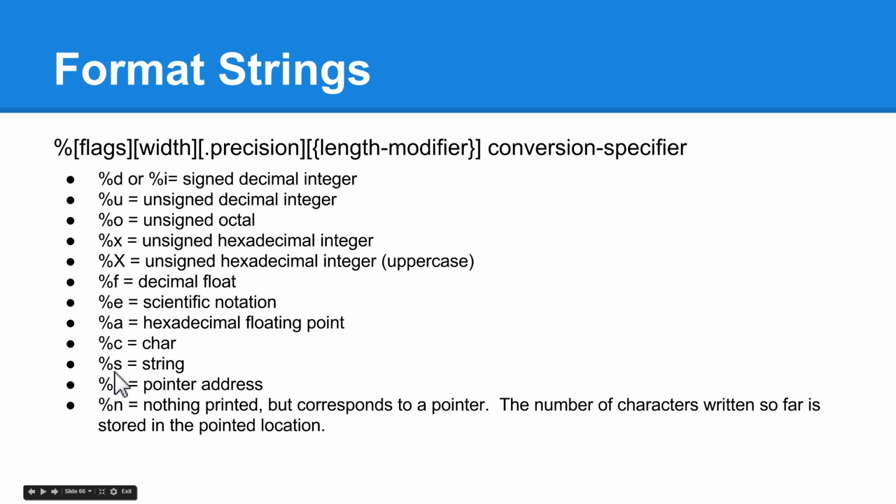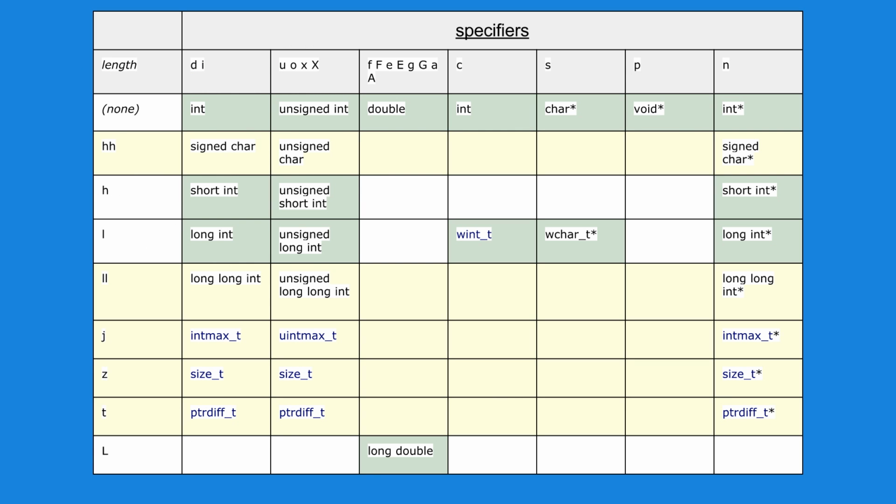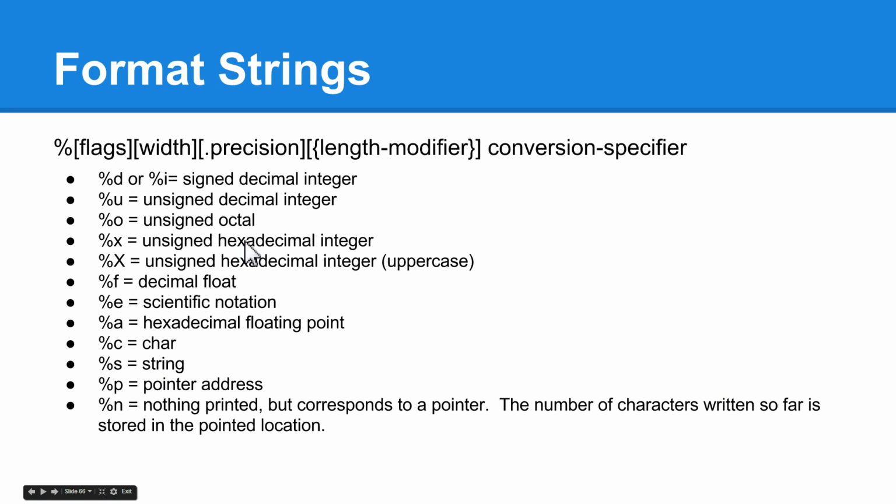The other ones to take note of are %p, which prints out a pointer address, and %n, which doesn't print anything corresponding to a parameter, but does print the number of characters written so far, which is interesting. So here are the various specifiers and the length that they take up. Let me back up here.